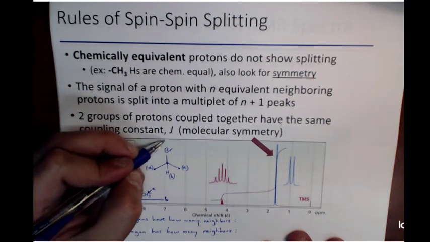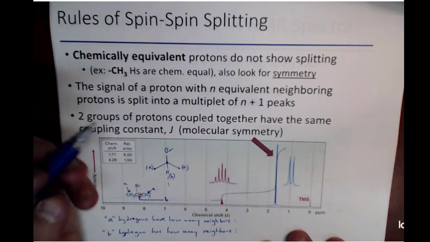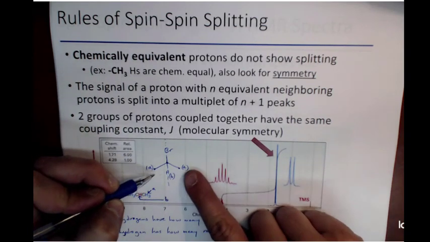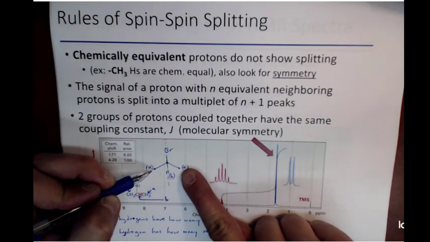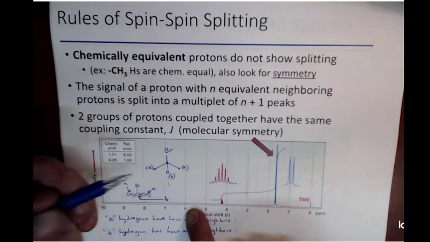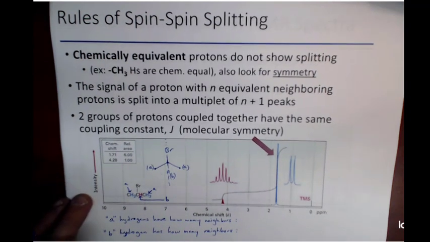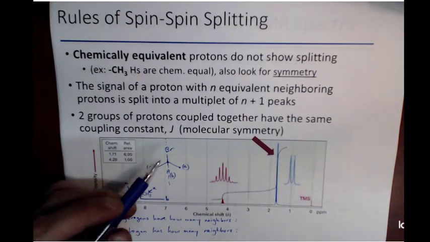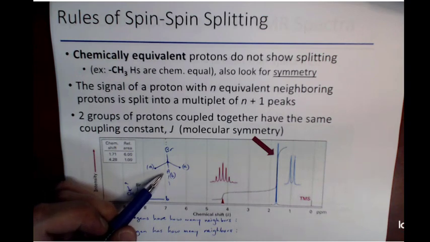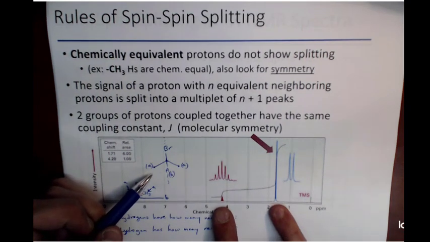So based off of symmetry, you can see a plane of symmetry where these hydrogens on the ends are equivalent, and then this one in the middle is off by its lonesome. It's an individual, a lone wolf, a wolf pack of one. So that's why we're going to see only 2 different sets of signals.